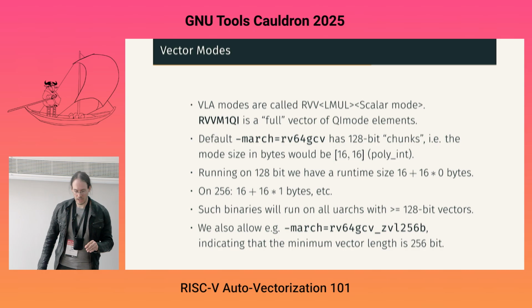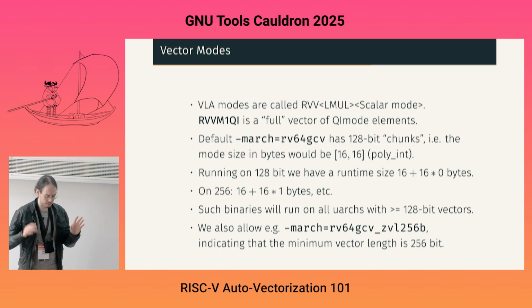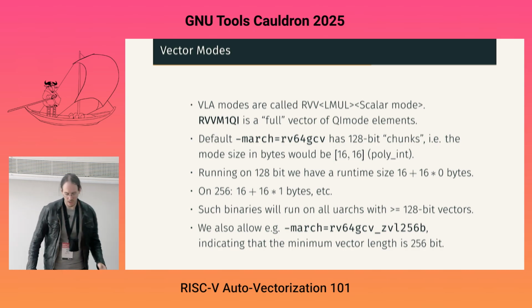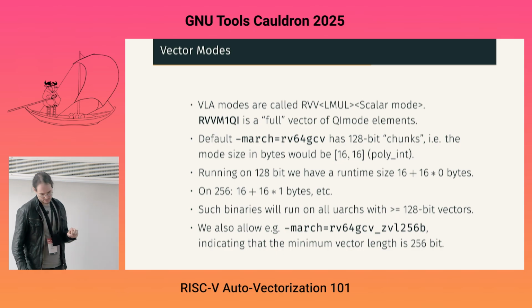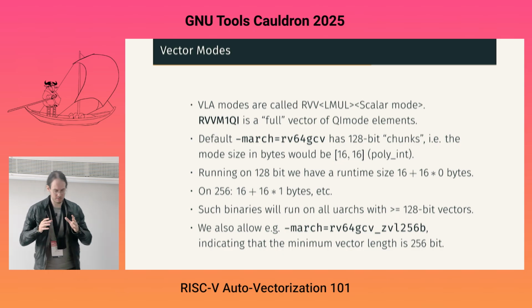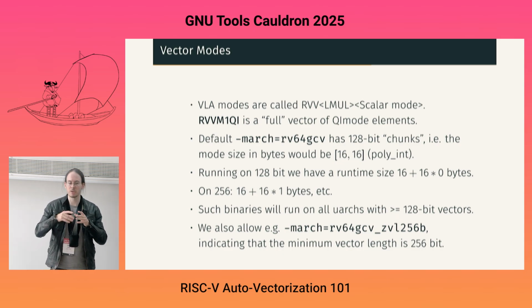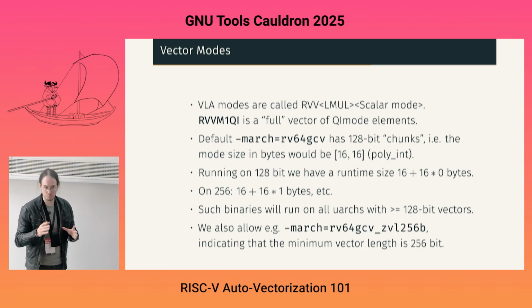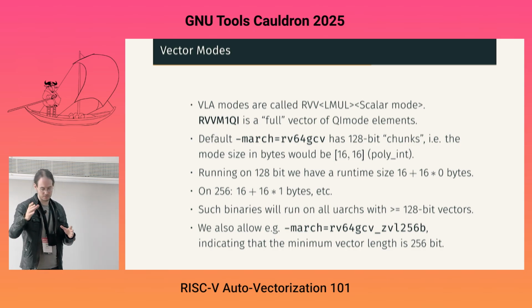Our default march, I'm calling it default for now, is RV64 GCV, which has 128-bit chunks. So the minimum vector length that you mentioned before, for our default, is 128-bit, and everything else is relative to that.